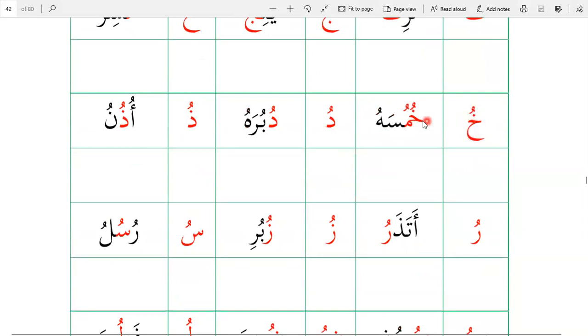Khu, khu, mu, sa, hu. Du, du, bu, ra, hu. Dhu, U, Dhu.